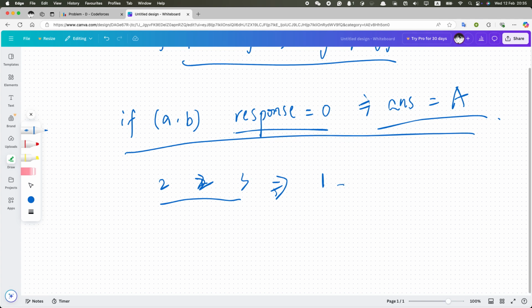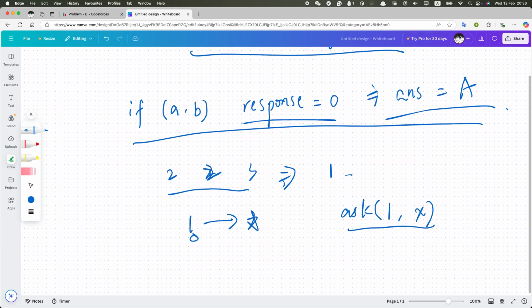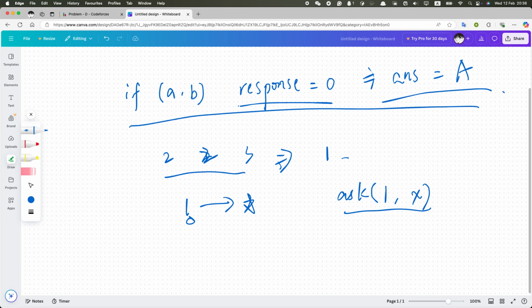So, if that is the first object, we don't have any edge from 1 to other numbers. So, if we ask 1 to another number, in the second object the response can never be 0, right?